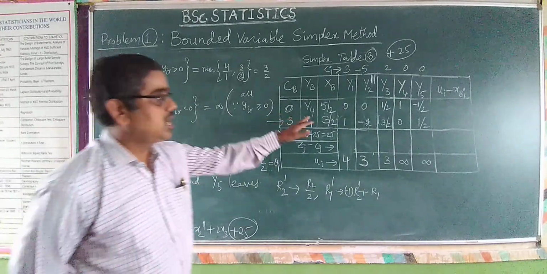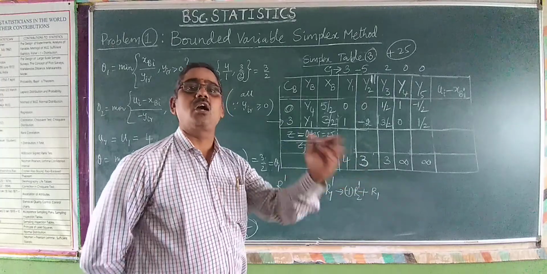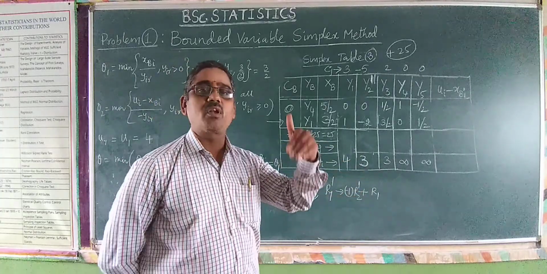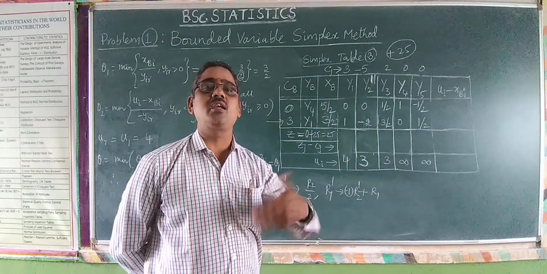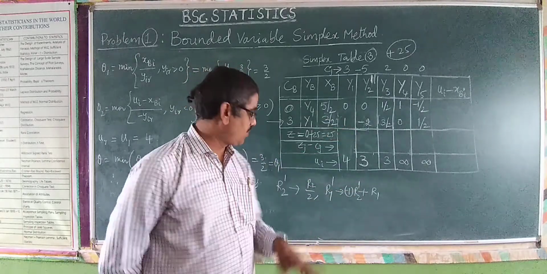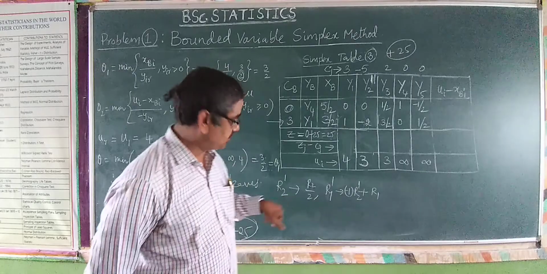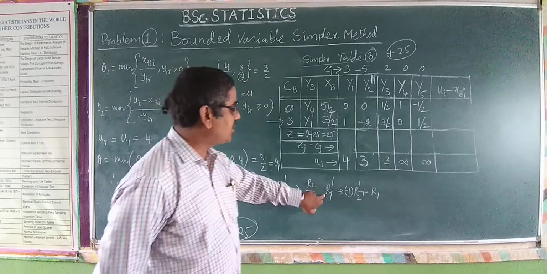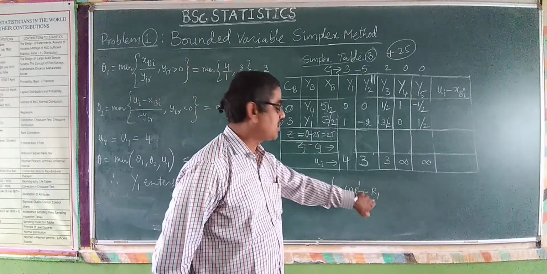This is what I have converted. I have converted the pivotal element to unity, and the remaining element, which is 1 here, to 0 using these row operations. R2 dash is R2 by 2, R1 dash is minus 1 into R2 dash plus R1.